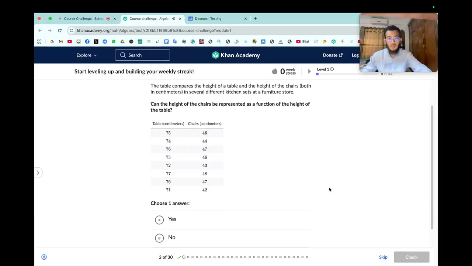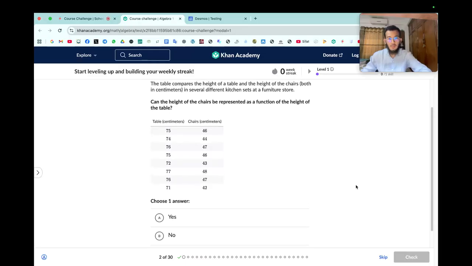Okay, so now we have a table that compares the height of a table and the height of the chairs, both in centimeters, in several different kitchen sets at a furniture store. Can the height of the chairs be represented as a function of the height of the table?